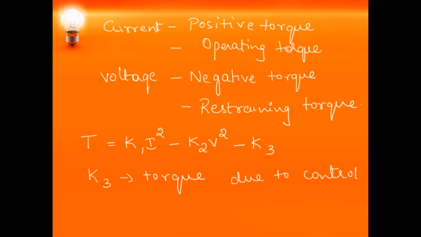If we neglect the spring torque, considering it to be very small, then we can write the torque equation T as K1 I square minus K2 V square.